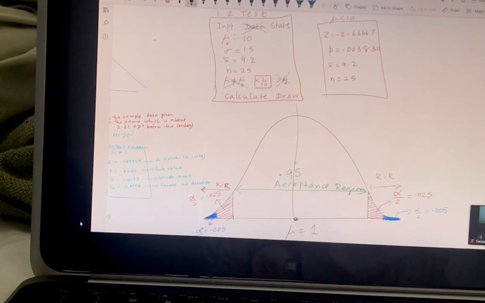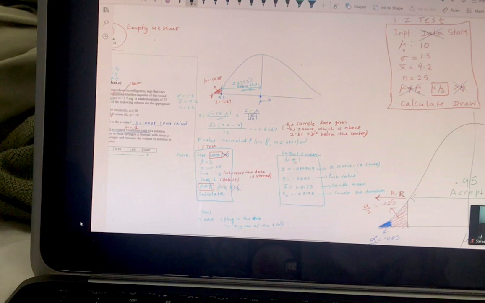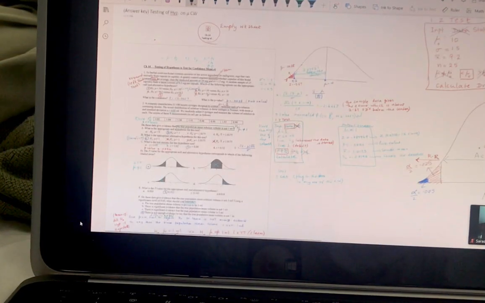By reading the problem, you can pick your alternative hypothesis, and everything is on TI. Check, check, check. Plug in the numbers. Boom. TI is going to give you the z-score and the p-value and everything. That's what I showed by hand, so you see how the work is going to be done here by hand.